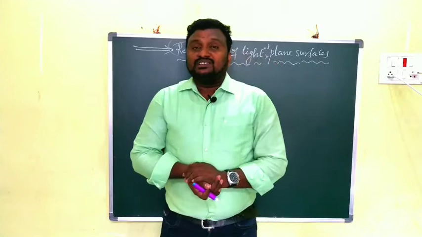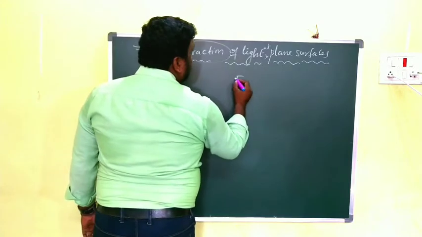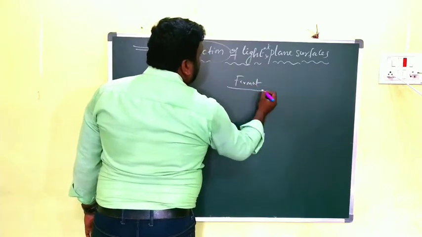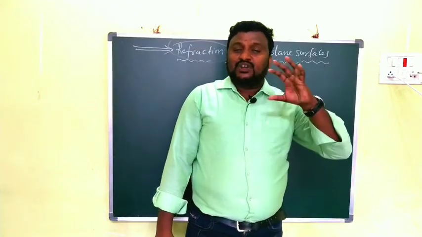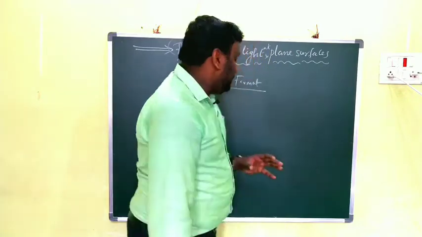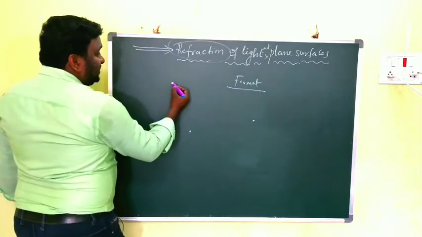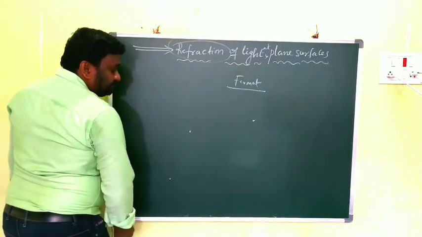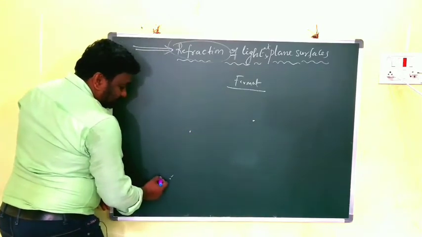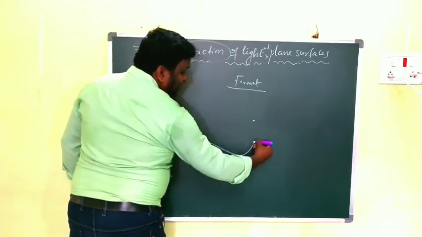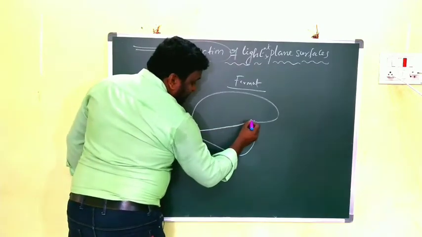Clear? Now generally here we have to discuss one thing, Fermat's principle. According to that, the light always selects the shortest path. For example, this is one point and this is another point, and the light is coming from one to the other. The source is there, and light rays are coming from it.